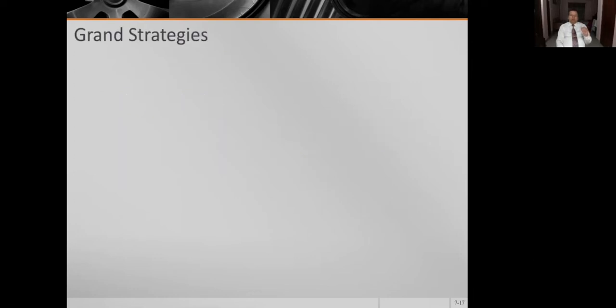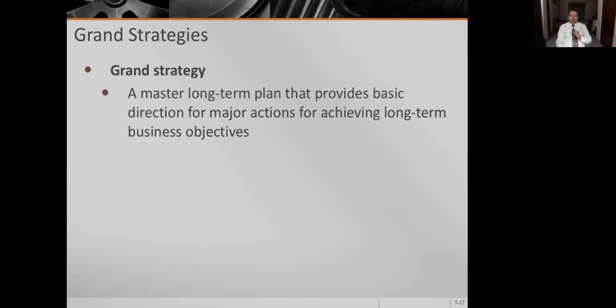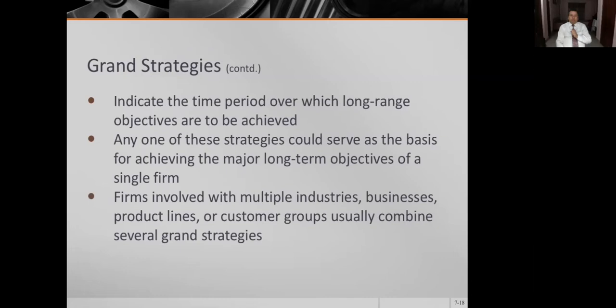Okay. To achieve those, on the business level you have those, but on the grand or corporate level, you have these strategies. So what are they? A master long-term plan that provides basic direction for major actions to achieve long-term business objectives. Like, for example, concentrated growth.